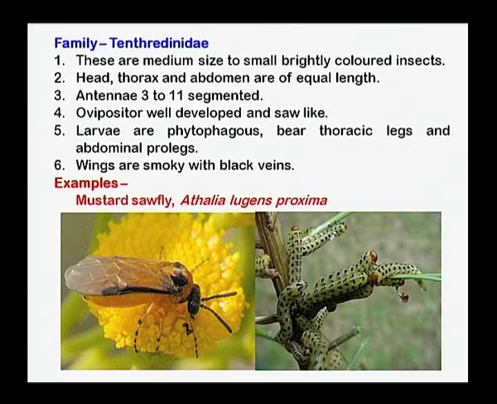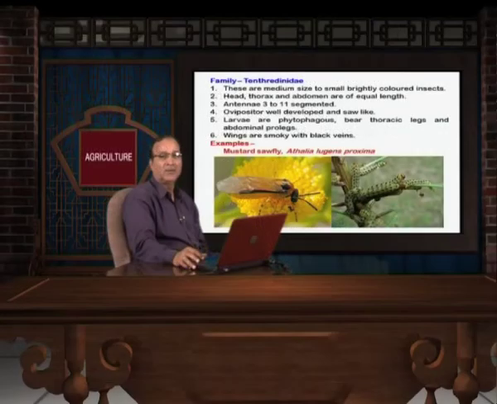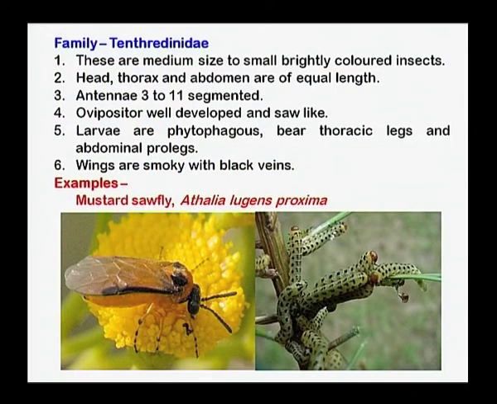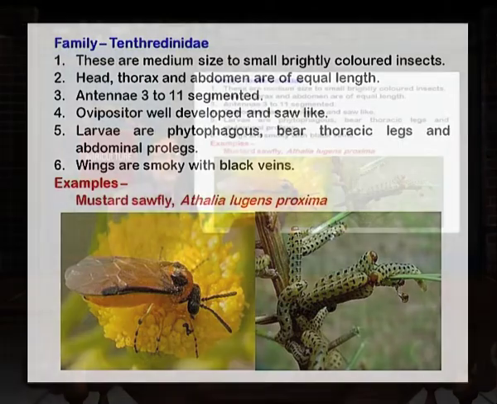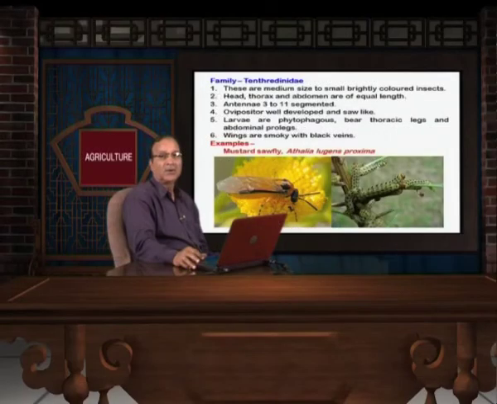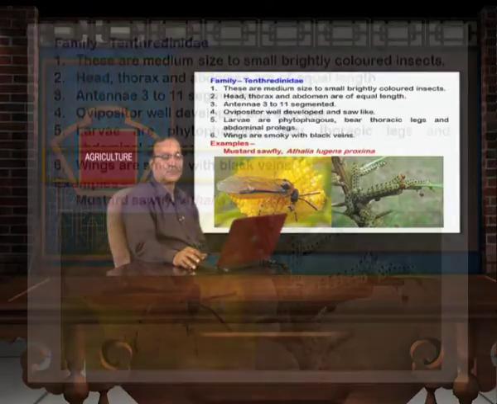Larvae are phytophagous. It means larvae feed only on plant material. They bear thoracic legs and abdominal legs, so both are present in the larval stages of the insect.